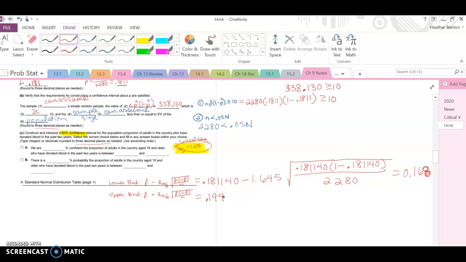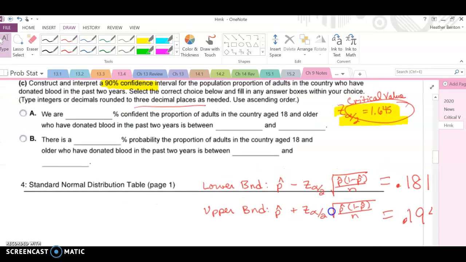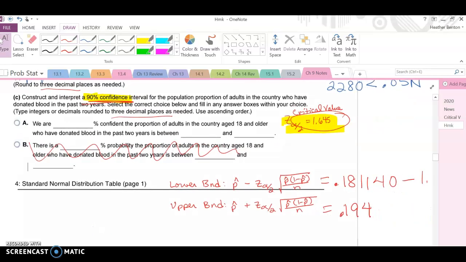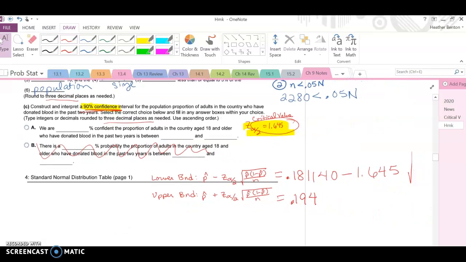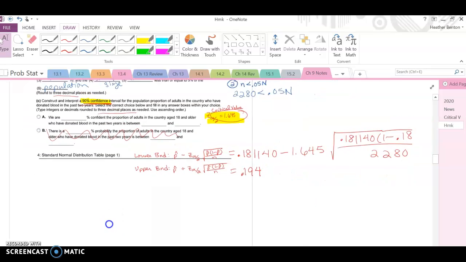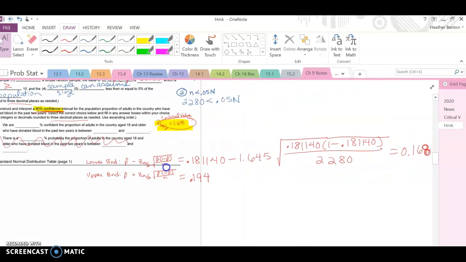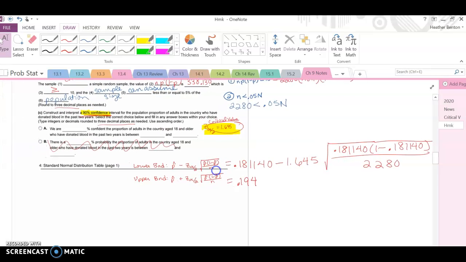Okay, and so our choices are A, we are 90% confident. The 90% comes from the confidence interval that we have between those two numbers. And the other one, it's that it would be a 90% probability. And remember with me that this 90% has to do with how many samples we think would hold the true proportion of this country in it.